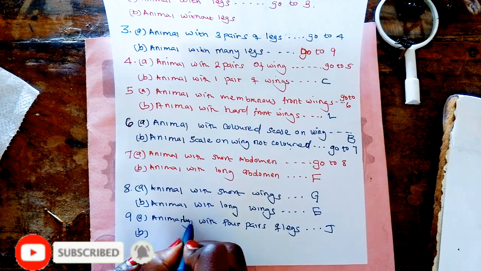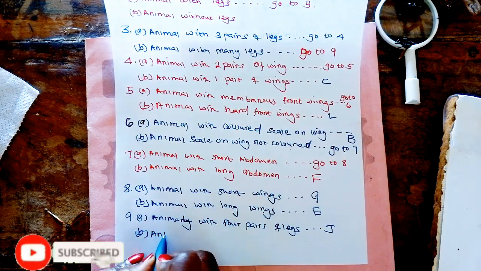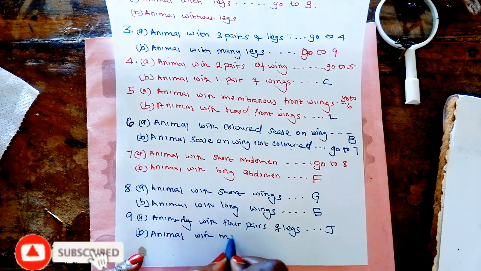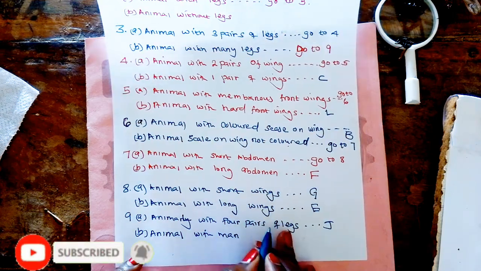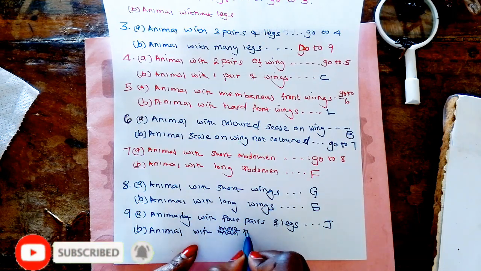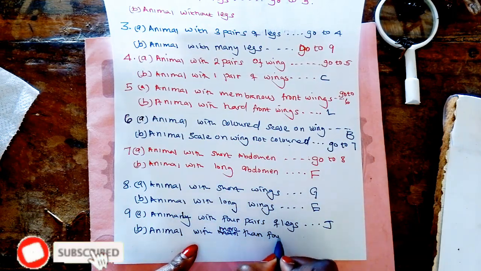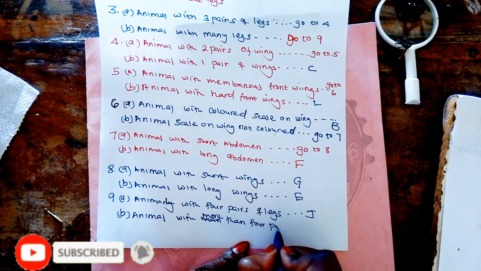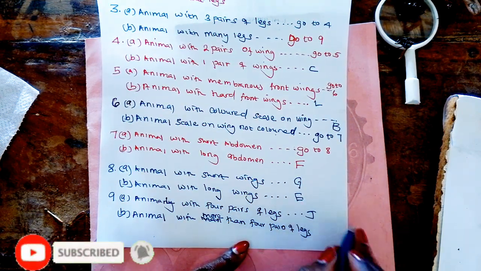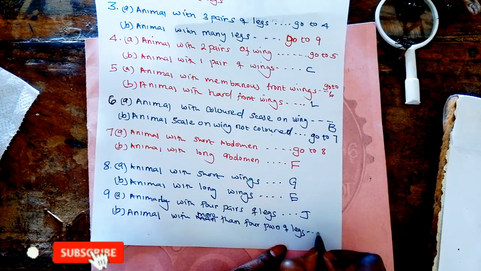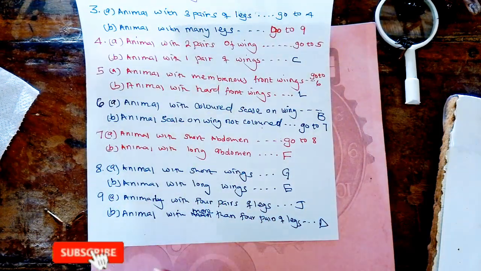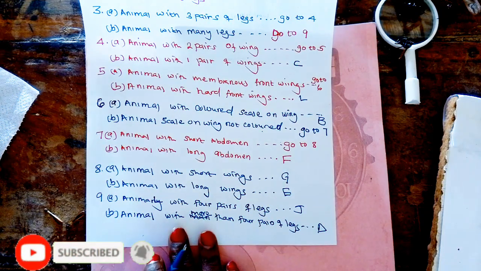This is animal. Animal with more than 4 pairs of legs, eh? Okay? That is D now. That is the point where we identify D. Nice.